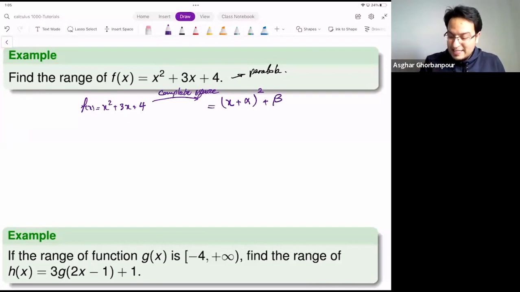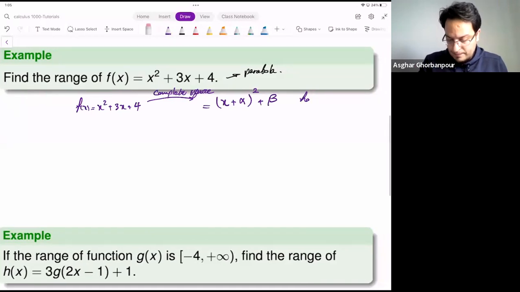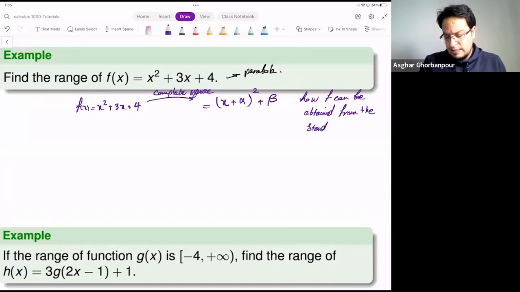Completing a square basically tells you how f can be obtained from the standard parabola or quadratic.